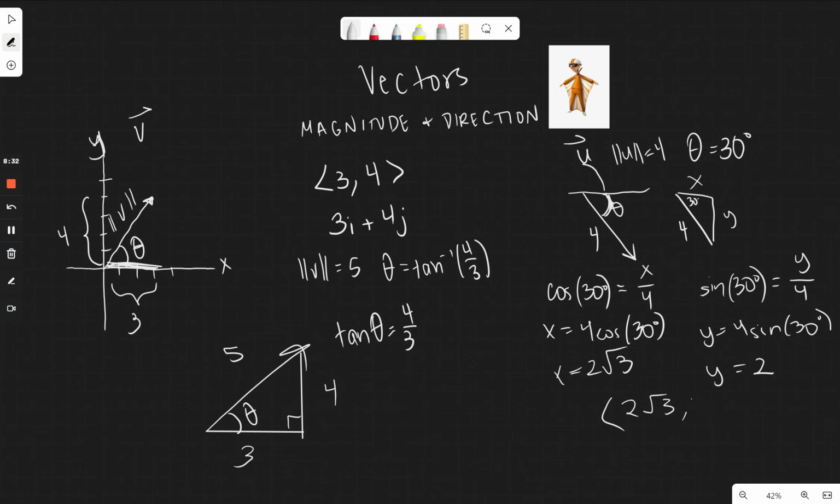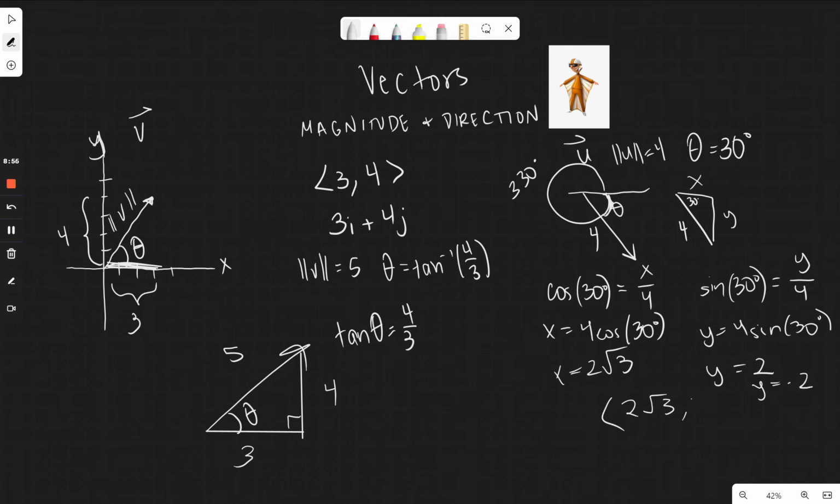So really, this should be a 330 degree angle, and that is because our y in this case is not positive. Y equals 2 indicates that the vector is going right and up, but it's not. It's going right and down. So this y is not going to be 2. It's going to be negative 2.